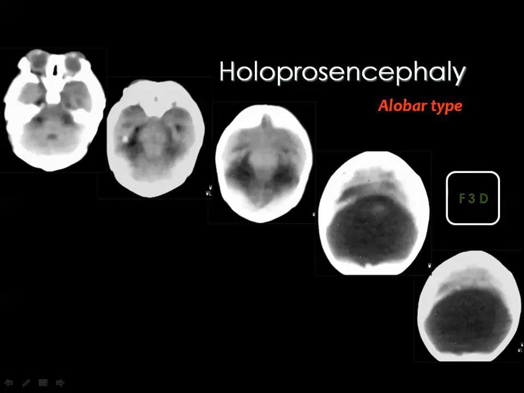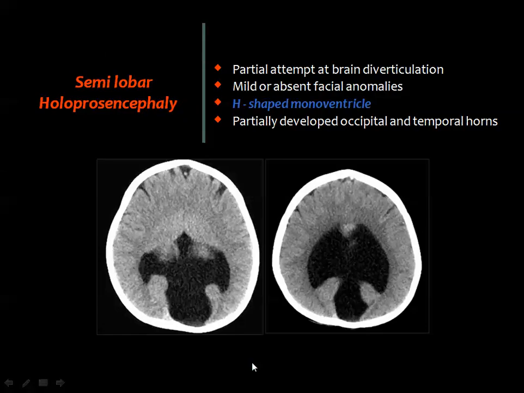A third example of holoprosencephaly with single monoventricle and the posterior fossa looks normal. Then the semilobar type, there is partial attempt at brain diverticulation, and you may have the appearance of two cerebral hemispheres, but the interhemispheric fissure is not formed or not well formed.